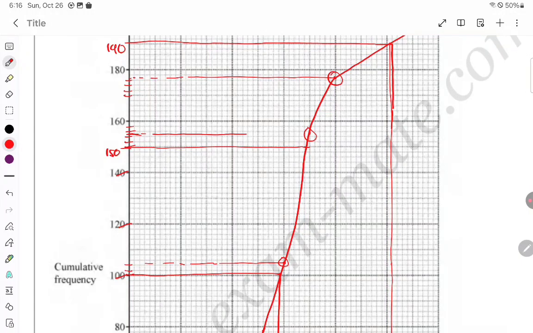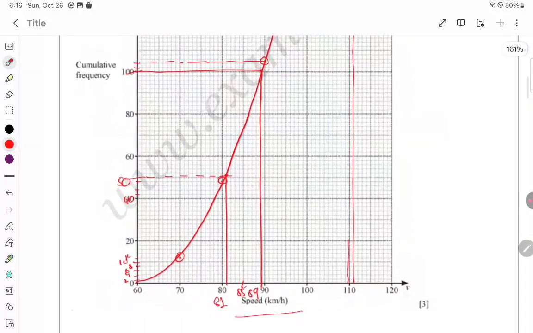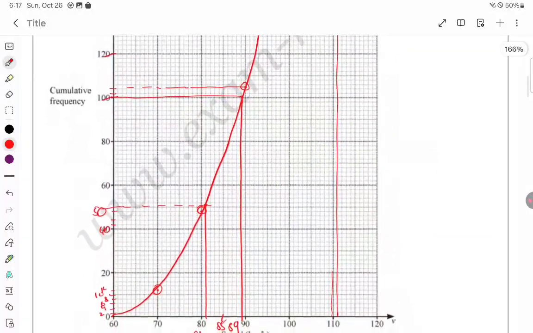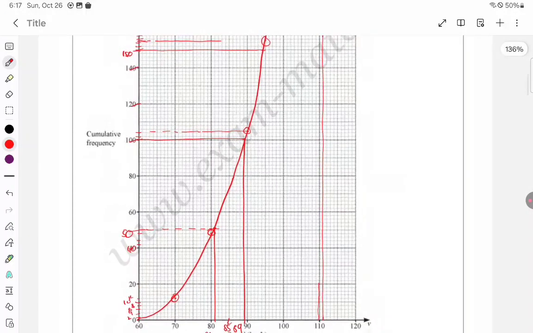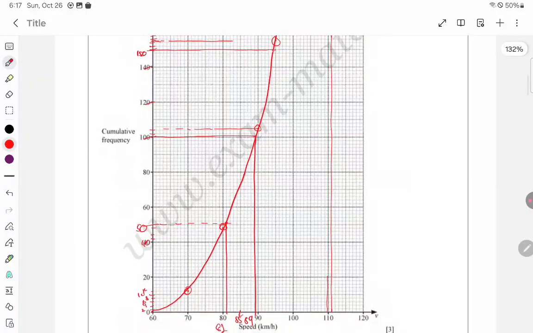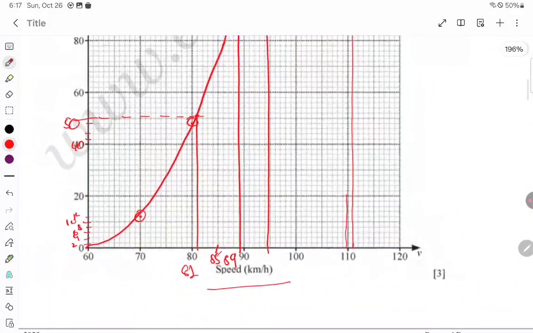Moving straight, into the downward direction, somewhere of 95 or 94 we get.